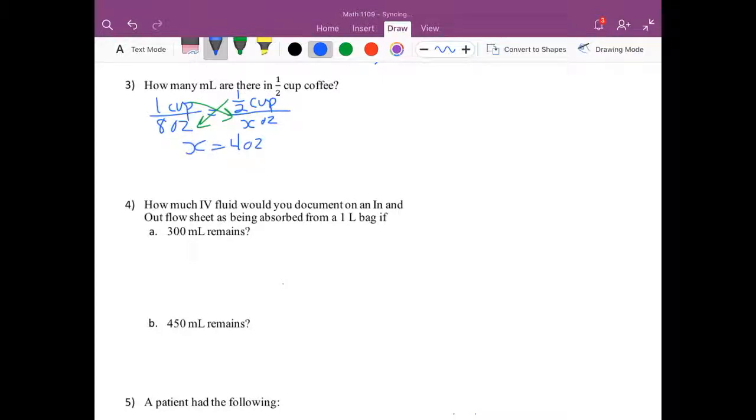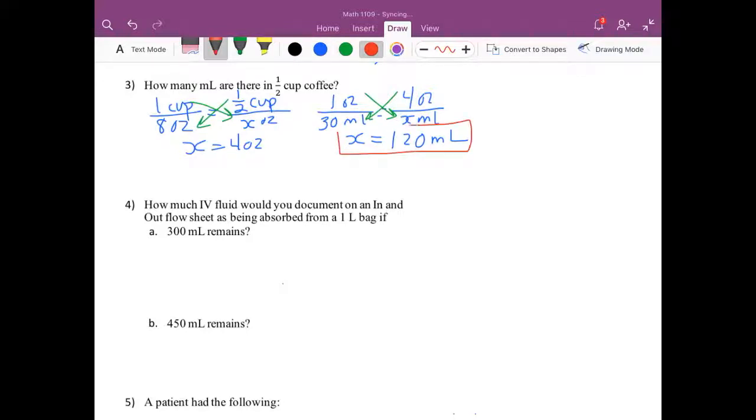So 8 times half is 4. Then I do 1 ounce is 30 milliliters. How many milliliters is 4 ounces? Again, I'm going to cross multiply, and I get x equals 120 milliliters. Okay, so my final answer here is 120 milliliters.